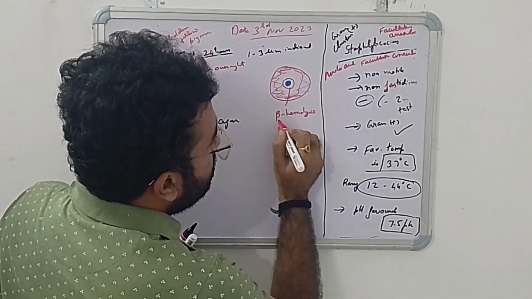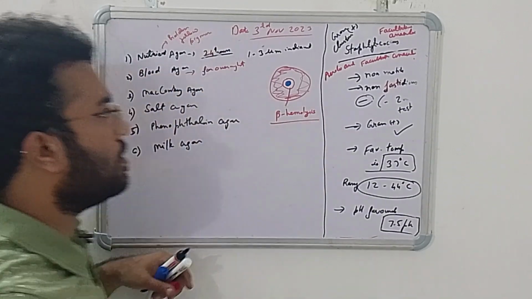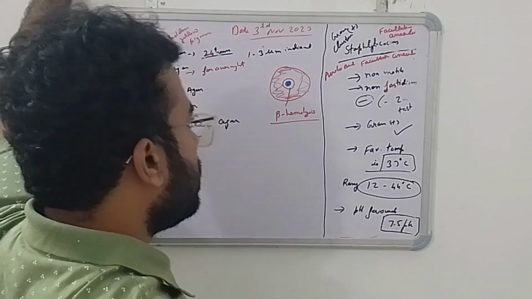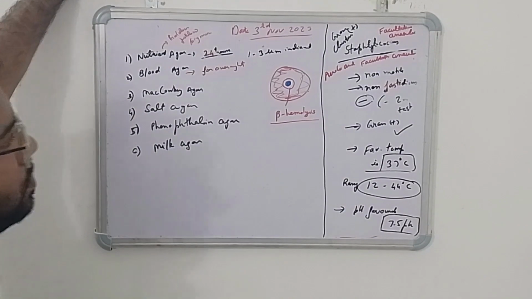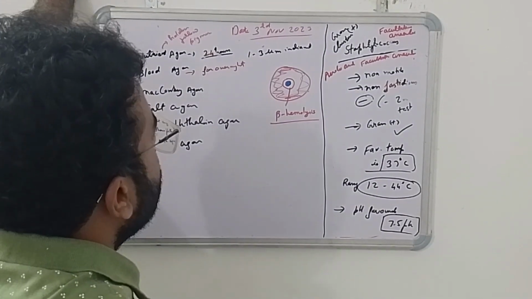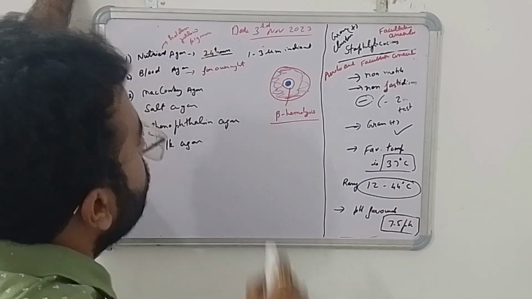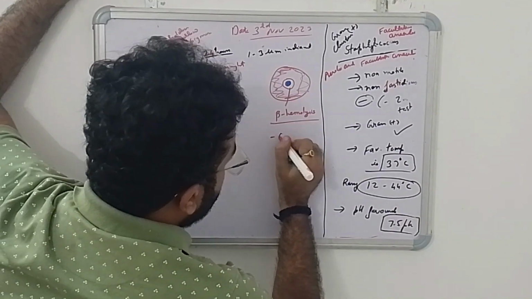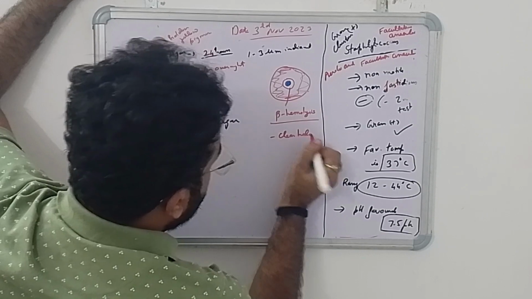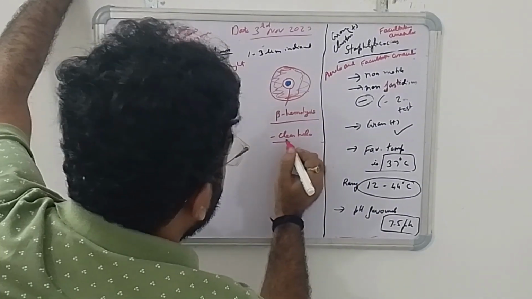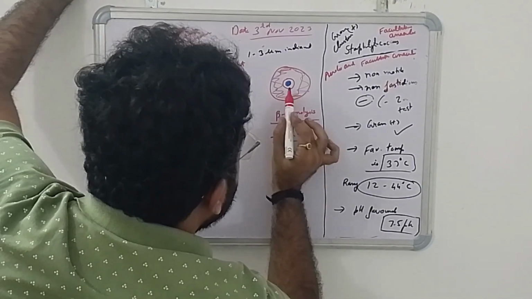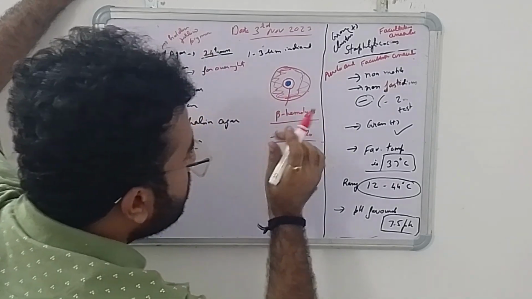Beta hemolysis generally occurs with human blood, sheep blood, and other animal blood also. Okay, you have to remember beta hemolysis. The clear halo will be seen as a space between the colonies and the background.